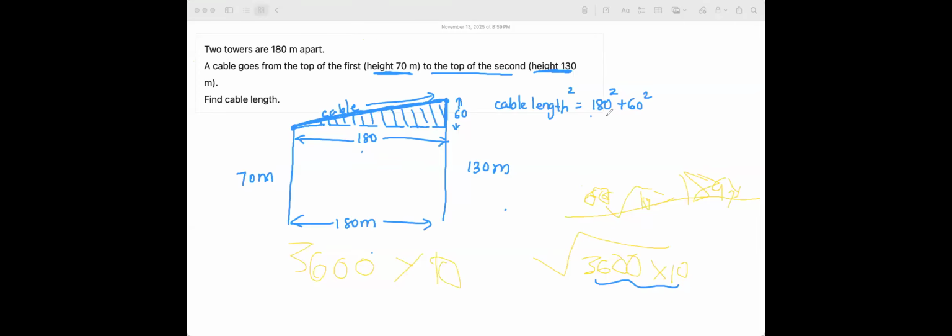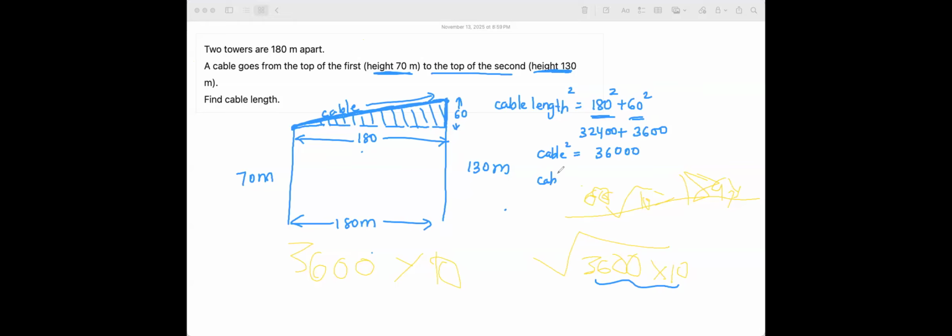And then what is 180 squared plus 60 squared? 60 squared is 3,600. 180 squared is 32,400. Arihan, here is where I feel you made the mistake when you added. This is 36,000, so the cable squared is 36,000.